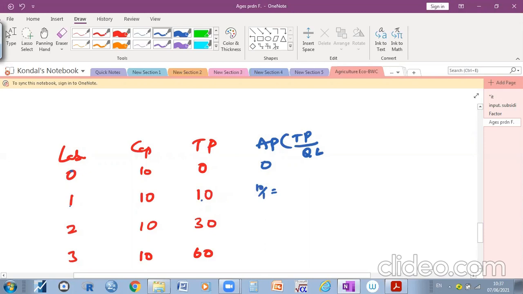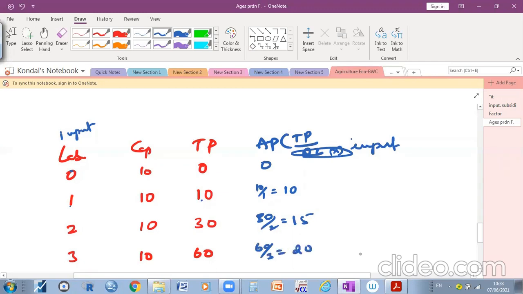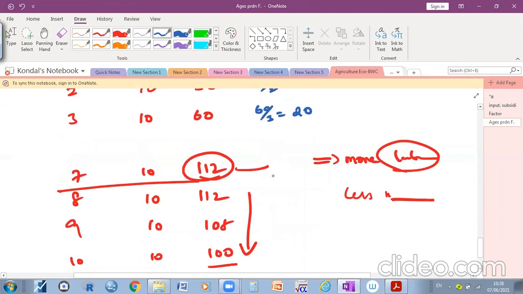Labor is the input. So TP by input: 0 by 0 is 0, 10 by 1 is 10, 30 by 2 is 15, 60 by 3 is 20. Like that.